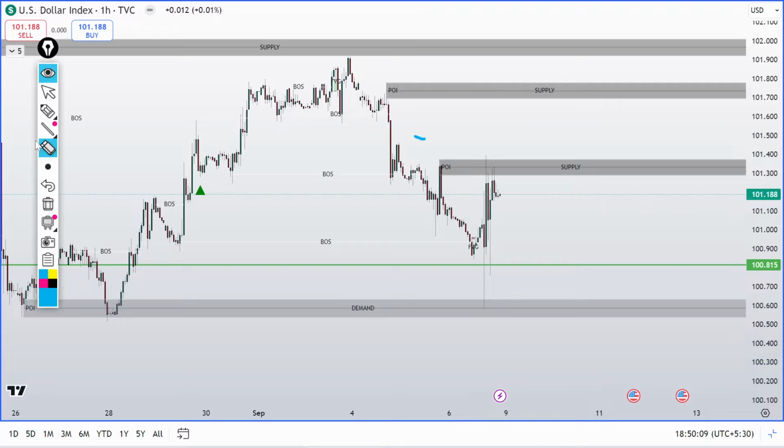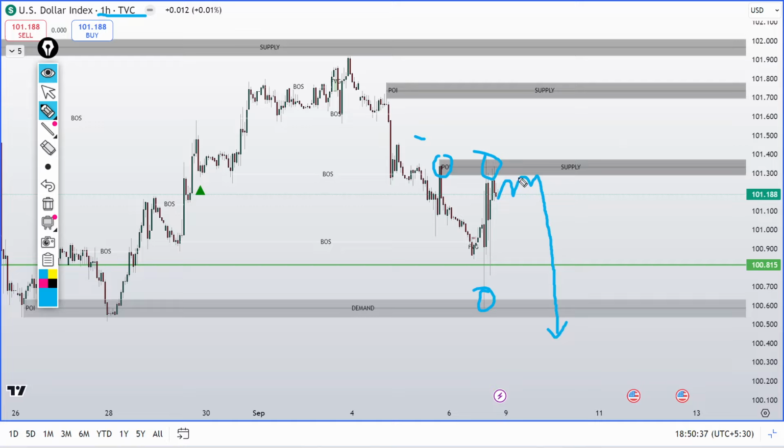You can see this was the demand area and price rejected from here, but on the 1 hour time frame you can see this is the supply area. So if price stays under this supply, then we can expect a down move like this, and it can break down from here, which is going to be good for gold bulls.